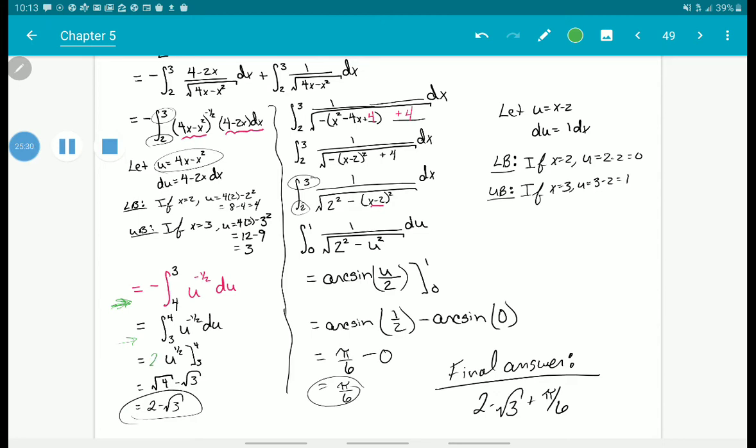Dividing by 1/2 is the same thing as multiplying by 2. So then it would be 2 times this amount, which would be equal to 4 minus 2 square root of 3. So then our final answer would be 4 minus 2 square root of 3 plus pi over 6.